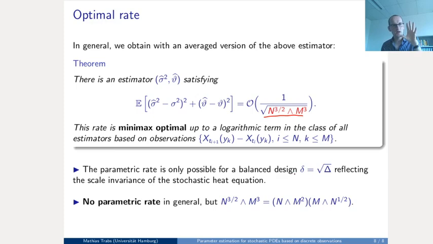In general, and that's the take-home message of this talk, you don't have a parametric rate, but you have this, well, this more difficult object here. But if you write it as n minimum m squared times m minimum square root n, that's exactly the picture with the arrows I just showed on the previous slide.